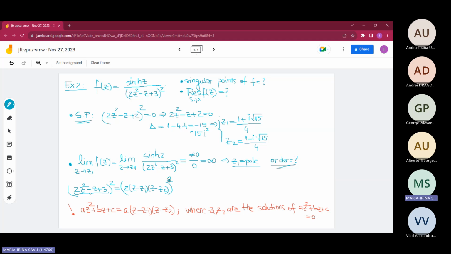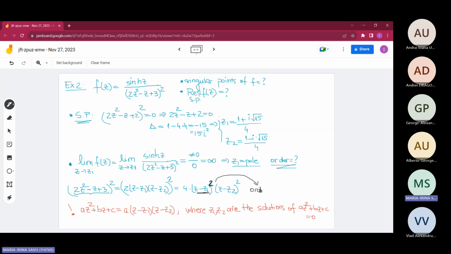Okay, from here, it is equal to 4 times z1 squared times... exactly. Okay, you were right. If you take a look at this exponent of z minus z1, which is 2, you will get that z1 is a pole of order 2.